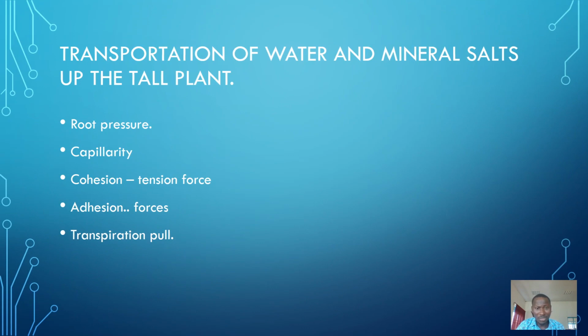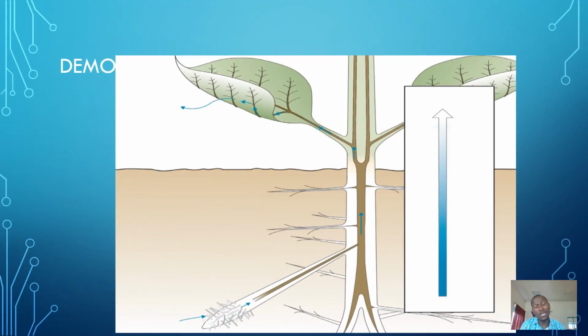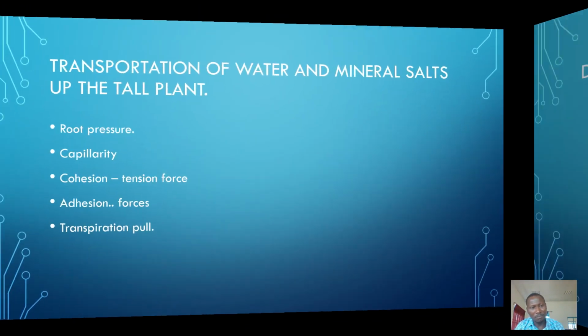Then another force, we have capillarity. Capillarity is the ability of a liquid to rise in a narrow capillary tube. These xylem vessels are narrow tubes. Therefore, just like a straw, they can allow water to rise into that narrow tube up to a given height of a plant.